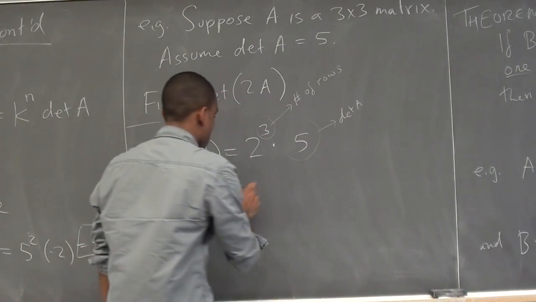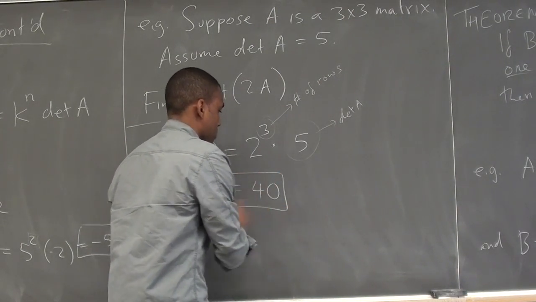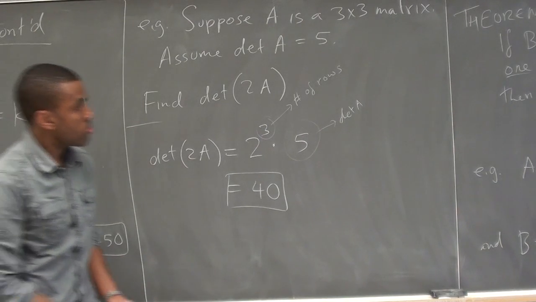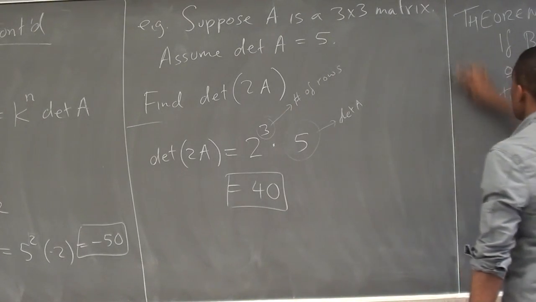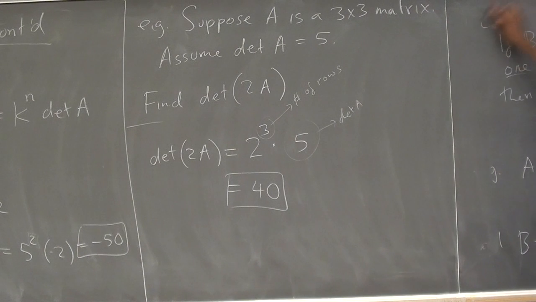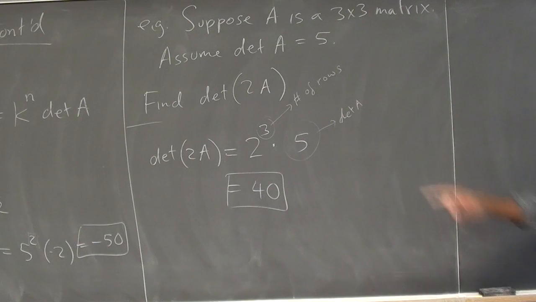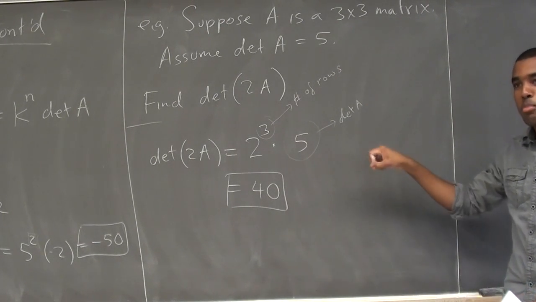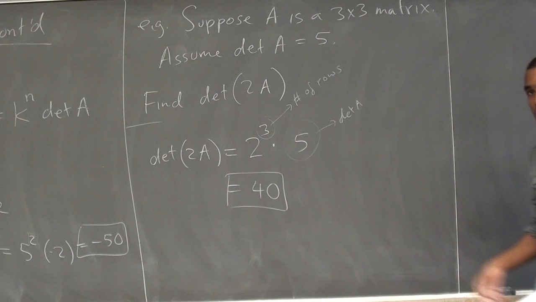So that's just 8 times 5, which is 40. Once I know the determinant of a matrix, I know the determinant of any scalar times that matrix by this formula. I don't have to compute the new matrix and re-expand. It's just a waste of time.